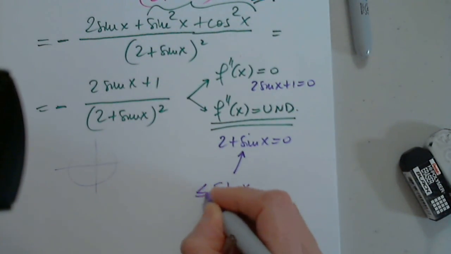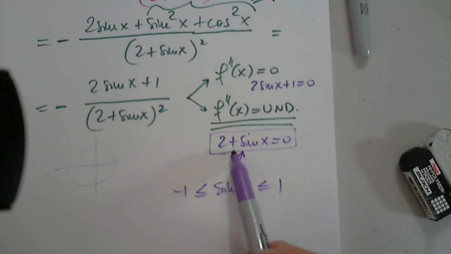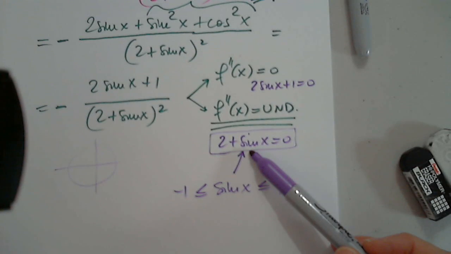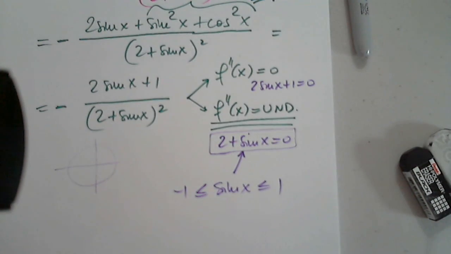Excellent. Thank you. Perfect. So then, tell me whether this can be 0. In other words, I'm asking, can sine be negative 2? This is my question, basically. No. Very good.